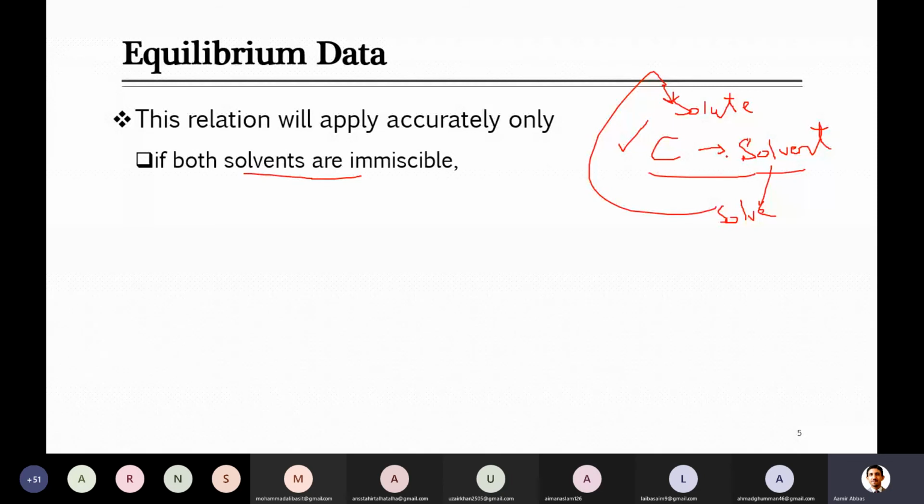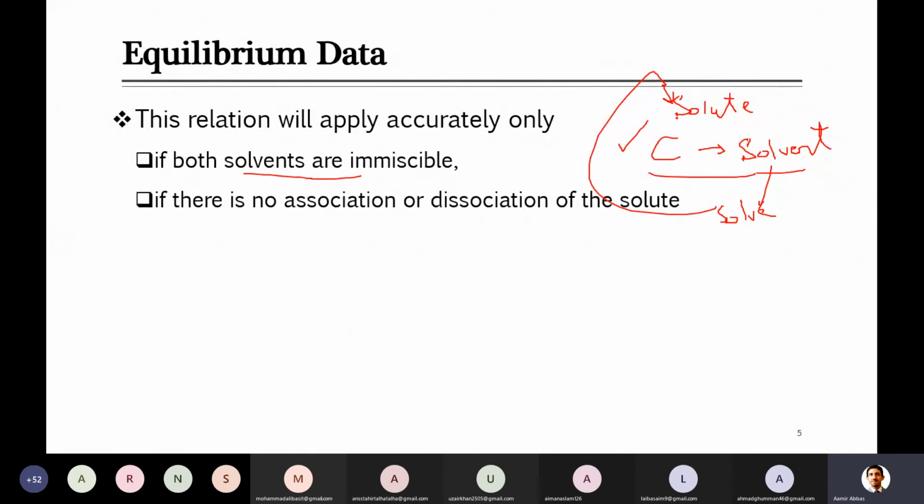It means they should not mix with each other, they shouldn't be soluble in each other, only this solvent should have affinity for the solute. So this is one main requirement for application of that equation. The other is that there is no association or dissociation of the solute.